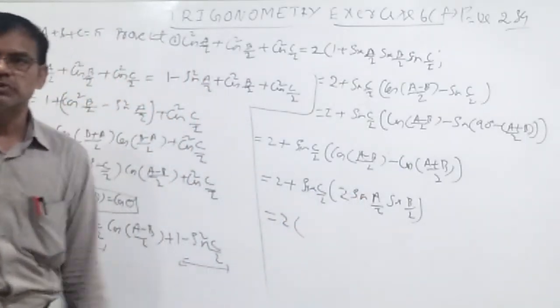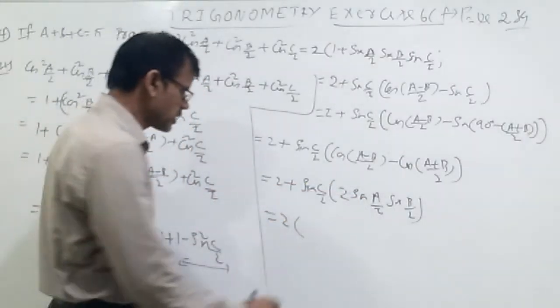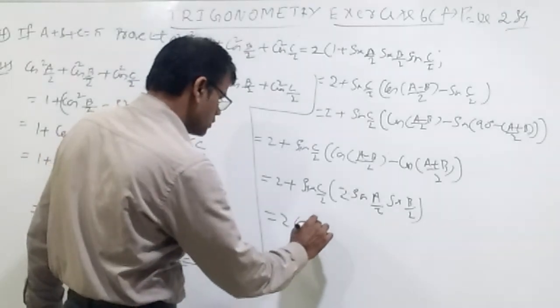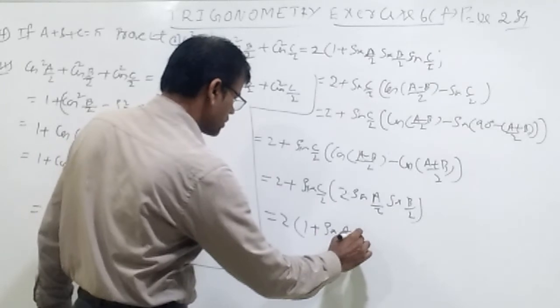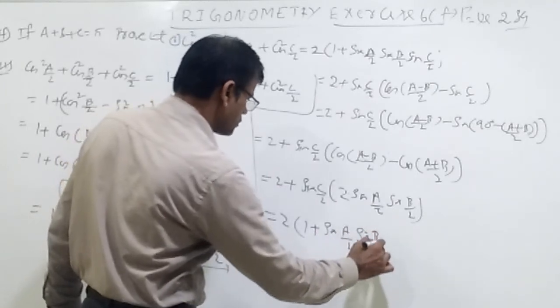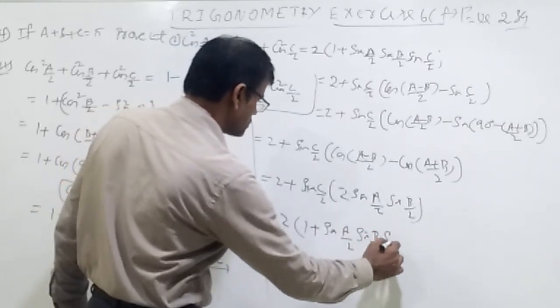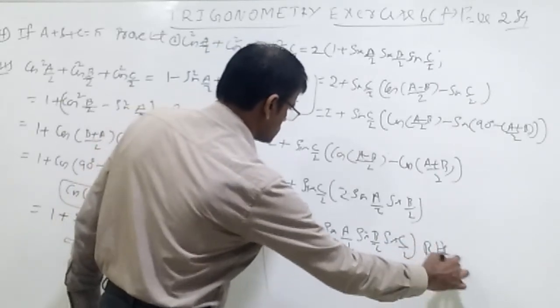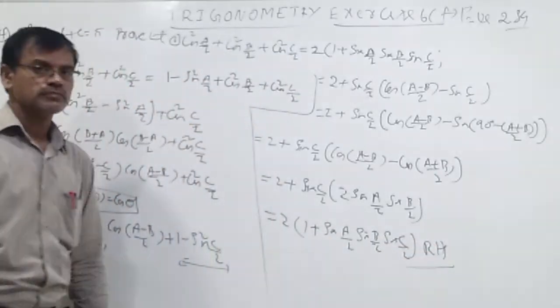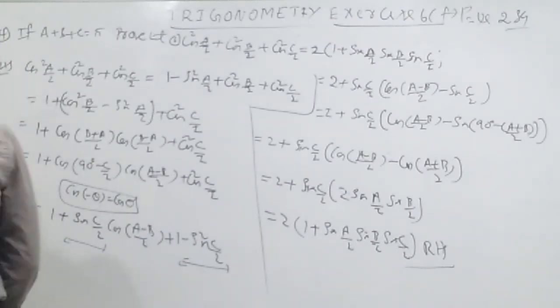Between these two terms you can take 2 common. So it becomes 2 into 1 plus sin a by 2 sin b by 2 into sin c by 2. This is RHS.